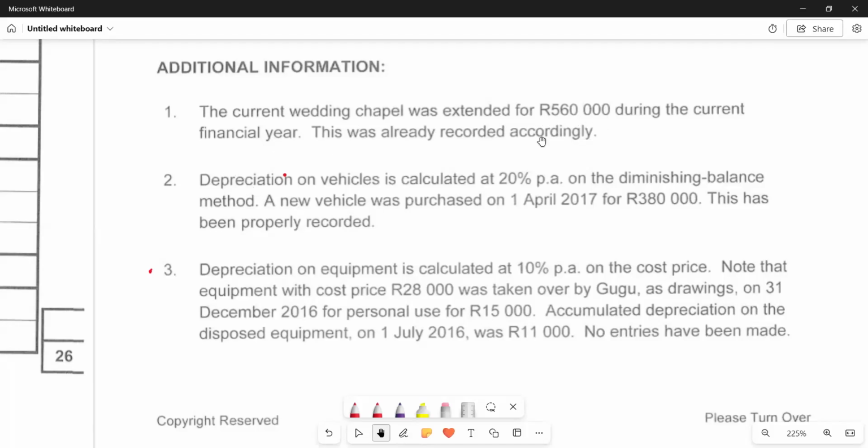This was already recorded accordingly. What it means is that we have an extension, which is going to increase the value of our land and buildings. So we are going to see that this 560,000 is inside the figure that you are given.